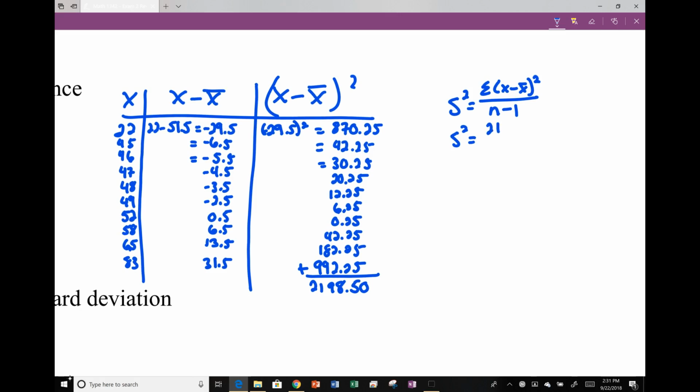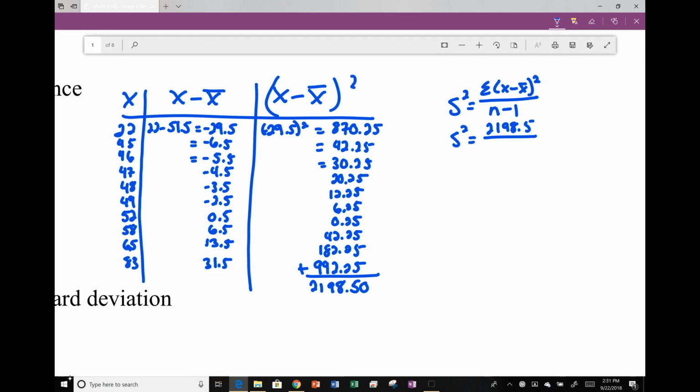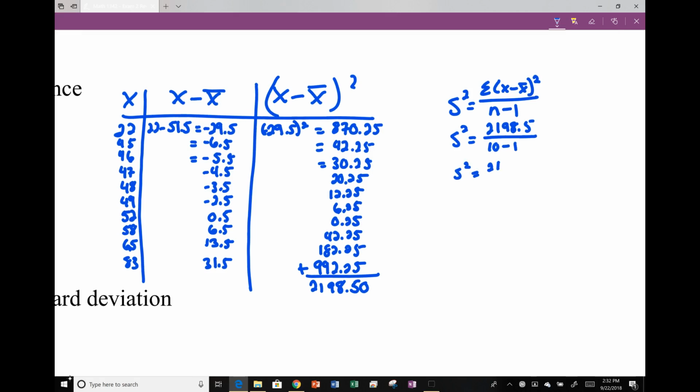So I get 2,198.5. My n is how many values I have. Recall that we divided the value in the mean by 10, so I'm going to take 10 minus 1 here. And so we have 2,198.5 divided by 9.